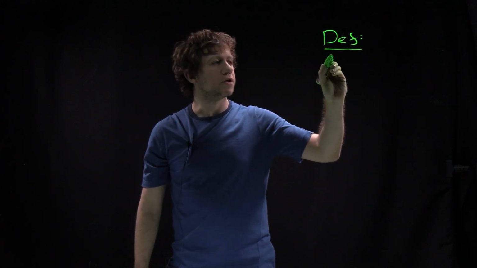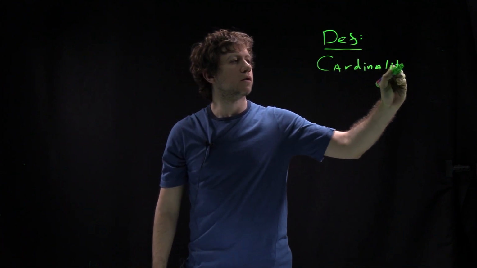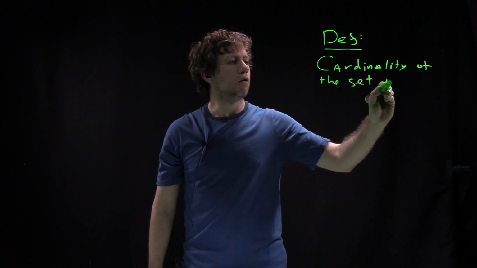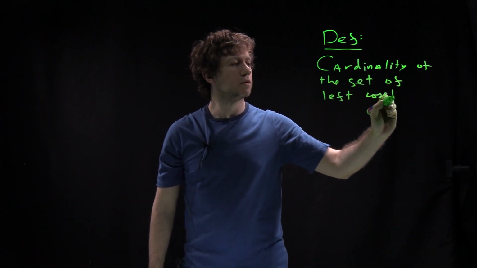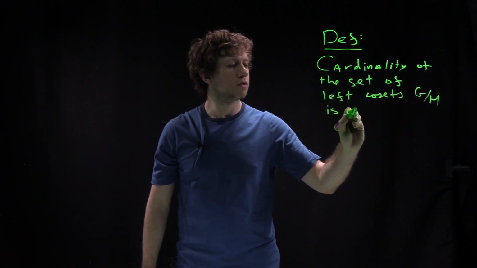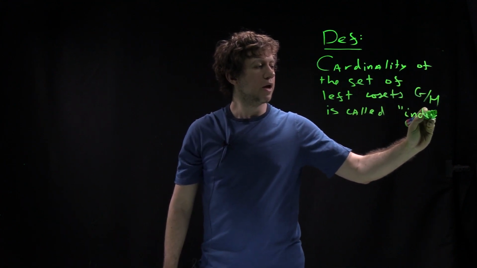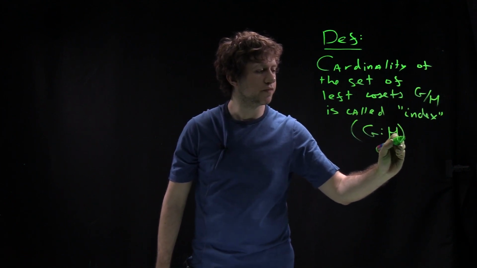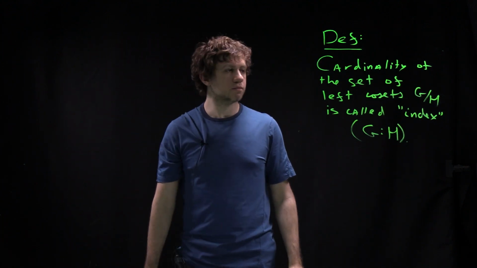Let me say it carefully. The cardinality of the set of left cosets gH is called the index, and the notation is G : H. So, the number of cosets, the cardinality of the set.